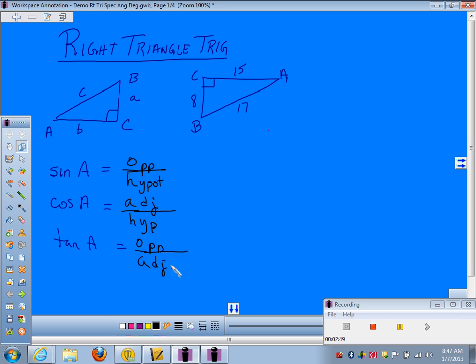Okay, the other saying you can use for this that incorporates the S of sine, it is S-O-H, C-A-H, and the T-O-A. Some books teach it this way. If you write that out, you have S-O-H, C-A-H, T-O-A, and they call that SOHCAHTOA.